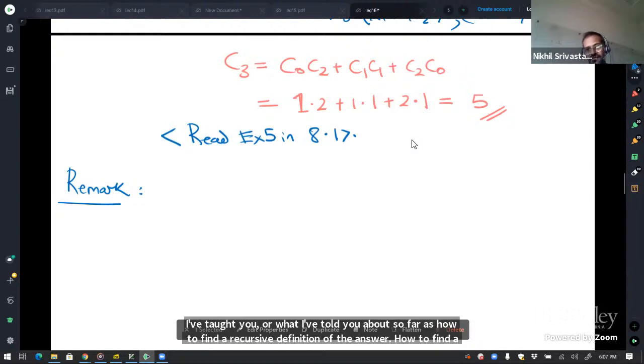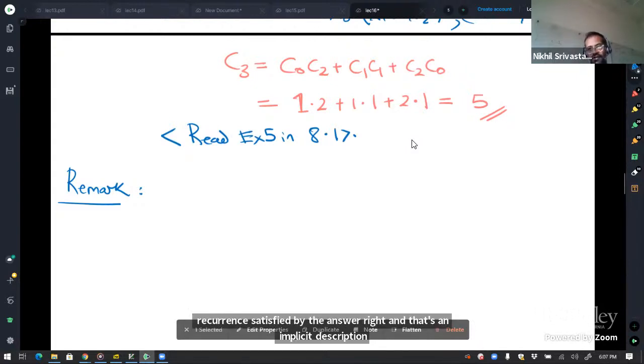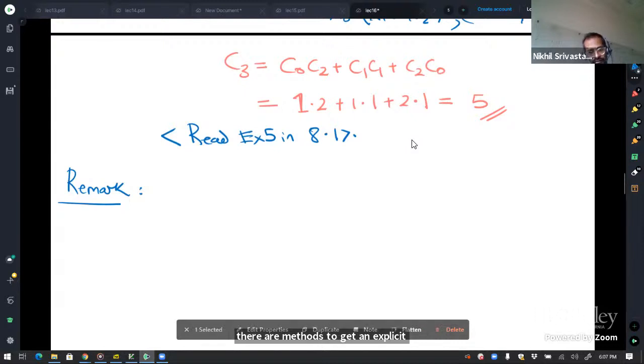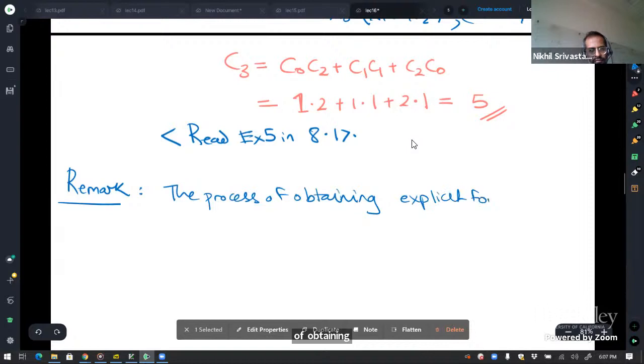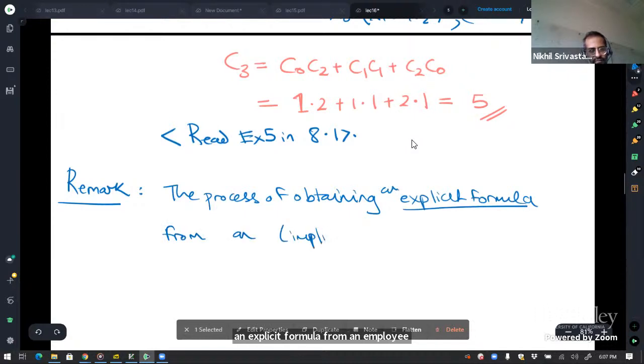There are methods to get an explicit formula from the recurrence. Okay, so the process of obtaining an explicit formula from an implicit recurrence is called solving the recurrence.